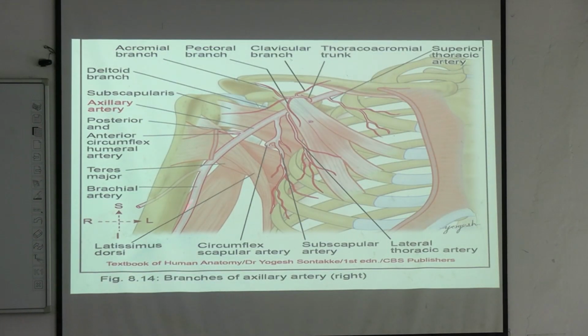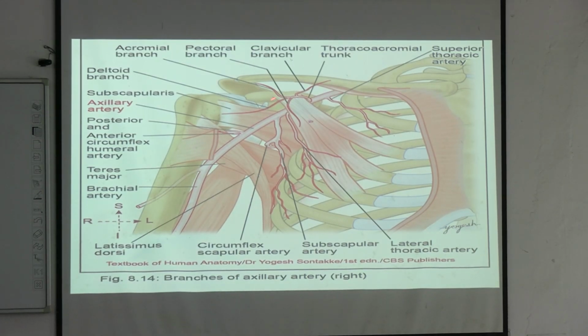See here, this is the axillary artery. Its three parts. Here it begins and here is the ending. And this pectoralis minor is dividing it into three parts. See, from the first part, single branch, superior thoracic artery. From the second part, two branches, thoracoacromial artery and lateral thoracic artery.